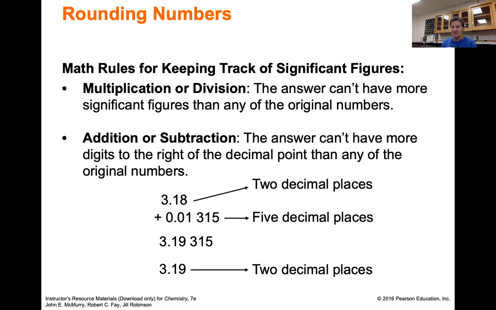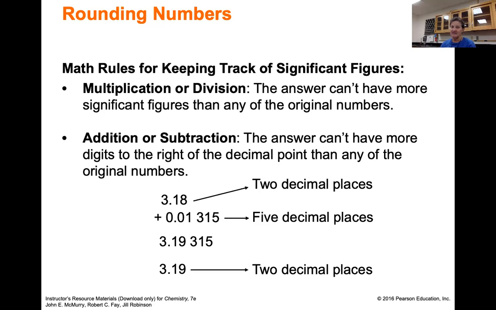When you're adding and subtracting, it's a little different because you only know digits to the right of the decimal place if you knew them in both numbers you're adding. So when you look at adding 3.18 to 0.01315, you can really think that I only know 2 digits to the right of the decimal point in the first number. So it's really question marks after that.